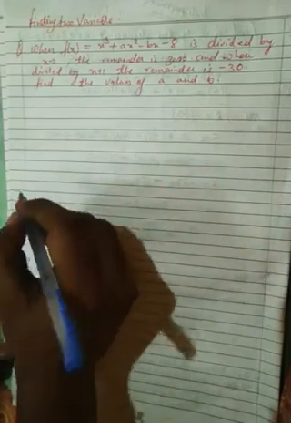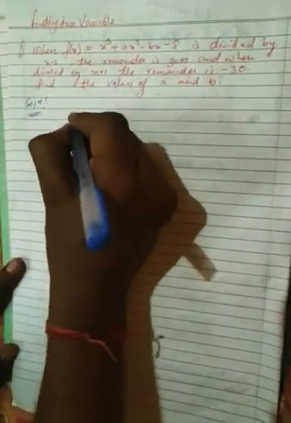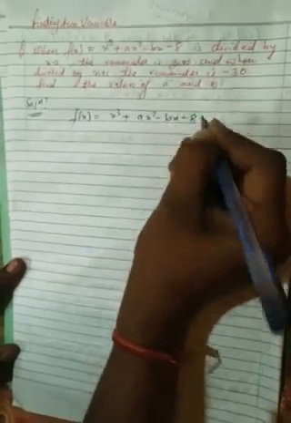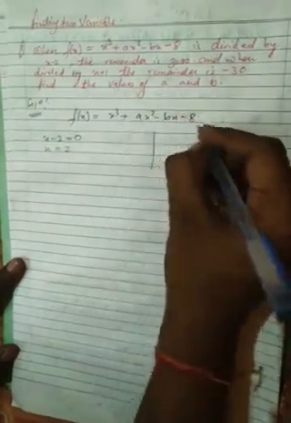It means what? The function of x is given, yes or no? Now the function of x, I have to first divide it by x minus 2. f of x is given as x cube plus ax square minus bx minus 8. First, if I take x minus 2 as 0, the x value will be 2, and the remainder is 0.